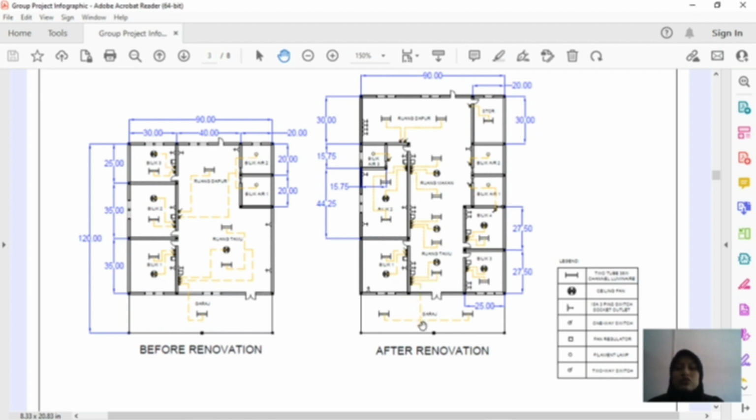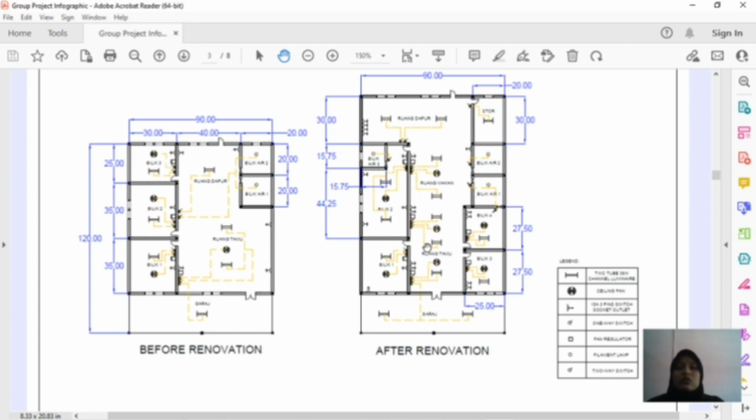So 1 switch connects with 2 units of 2 tube 38 watt channel luminaire in the garage, 1 switch connects with 1 unit of 2 tube 38 watt channel luminaire, 1 switch connects with the ceiling fan, and 1 fan regulator at ruang tamu.